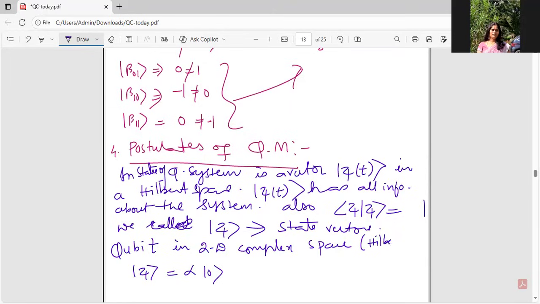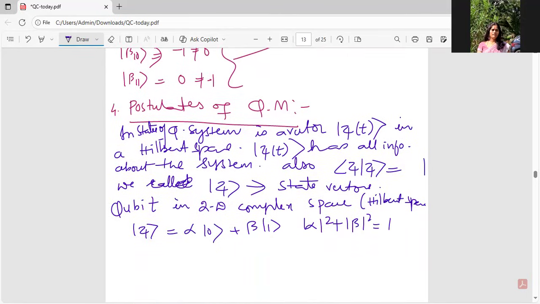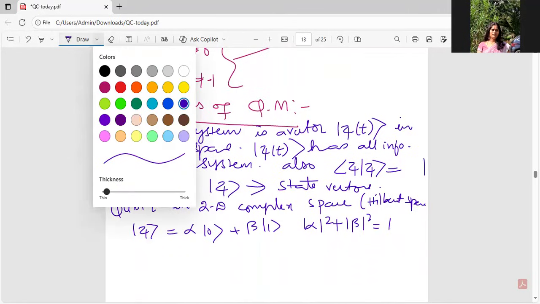I shall write it as alpha ket 0 plus beta ket 1, with mod alpha squared plus mod beta squared equal to 1. It's a normalized vector. The first postulate is all about the description of the state in quantum mechanics.